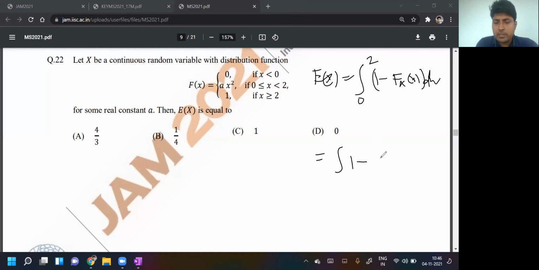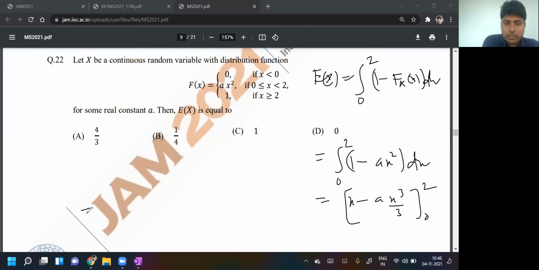So integration of 1 minus A x square dx from 0 to 2. So it will be x minus A x cube by 3, from 0 to 2. In that case, we'll get 2 minus 8A by 3. Okay, so we need A again.